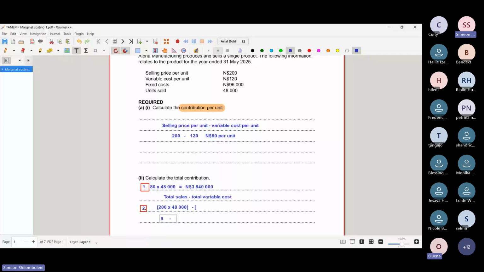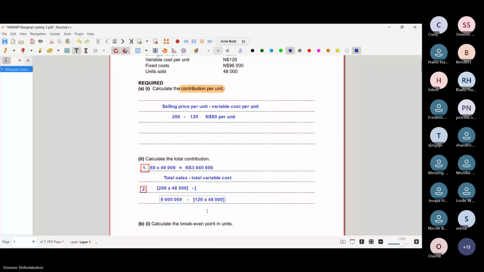Then we have our total variable cost. If there's a part that you don't understand, you ask. This is not what I was supposed to write here. Times 48,000. So how much is the total here?